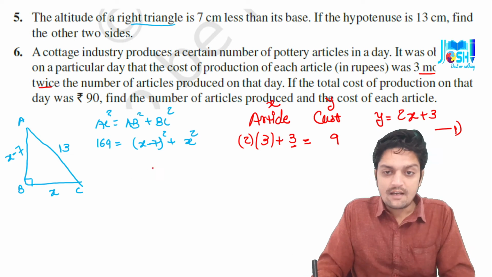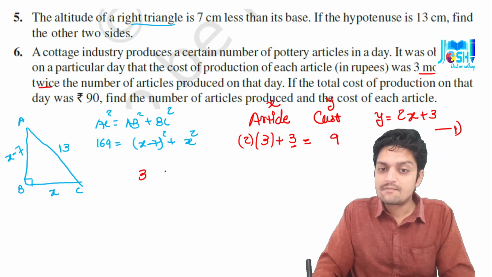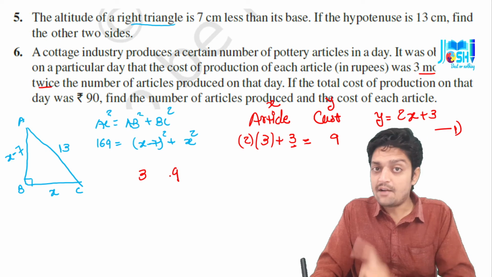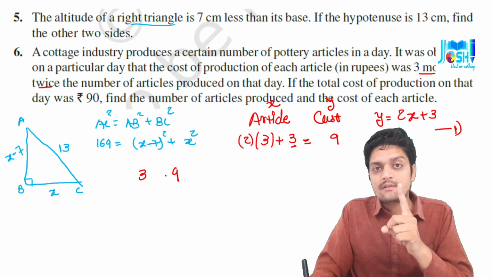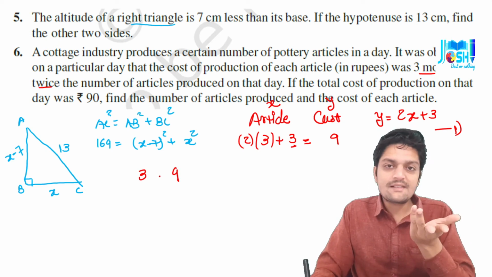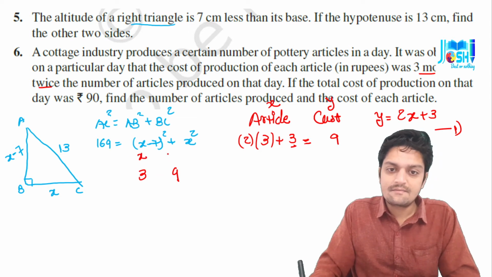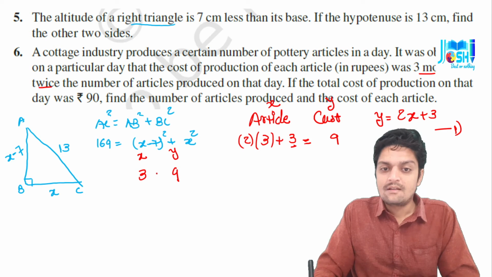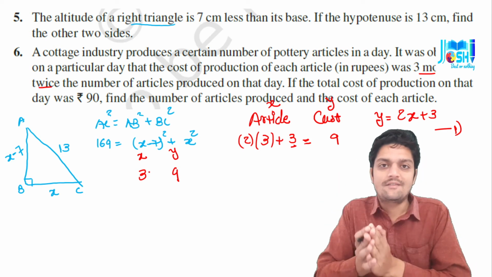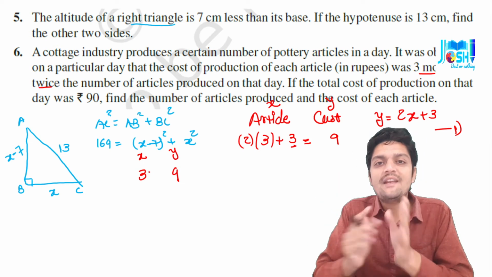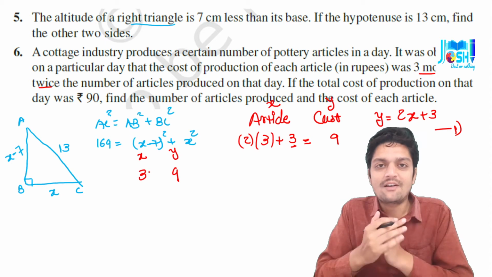Now see, articles are 3 and cost is 9 of each article. So for 3 articles, 27 rupees. So this is the x, this is the y. Then what is the total cost? Total cost is the multiplication of x and y only.